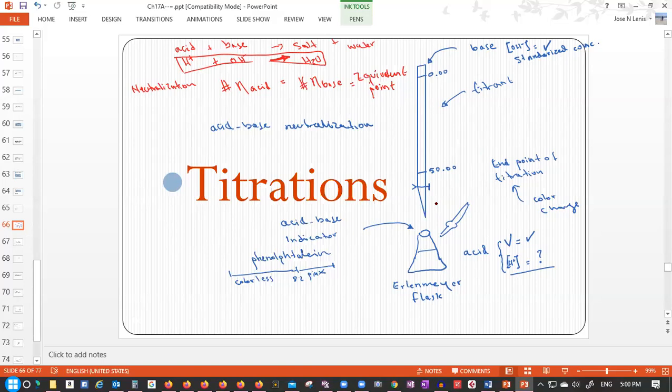So after you practice doing that neutralization, you educate your eyes to detect very quickly the color change, and also you educate your hand, your fine muscles on your hand, to stop the neutralization, to stop the stopcock here.